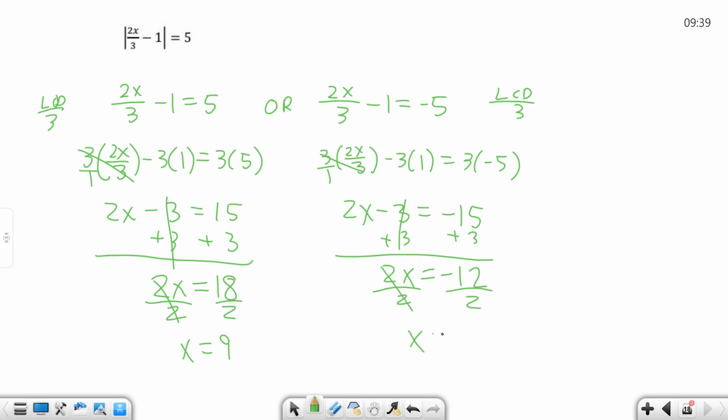Divide both sides by 2. And what does x equal? Negative 6. So we get x equals 9 and negative 6.